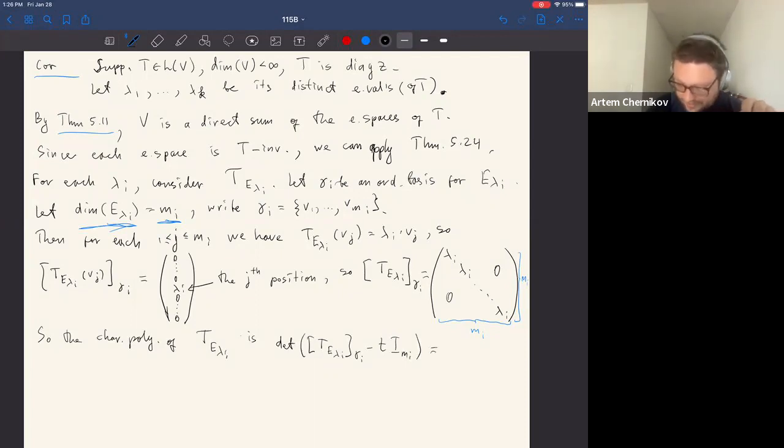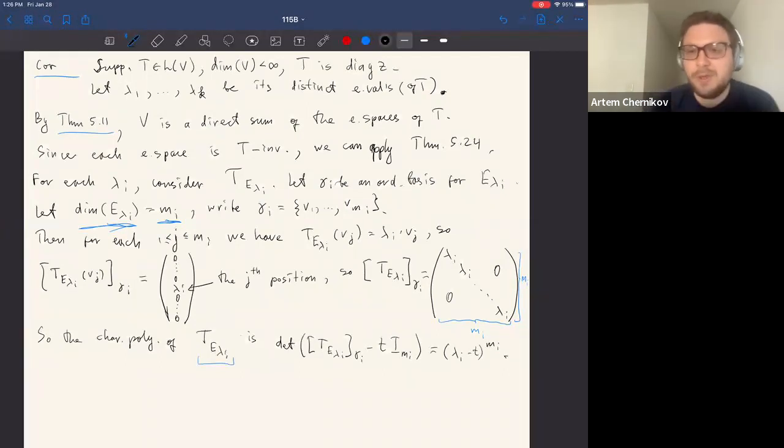Okay, but in this case, it's a diagonal matrix. So what we get is just (lambda I minus T) to the power mi, the product of the diagonal entries. All right, so this gives us the characteristic polynomial of T restricted to E lambda I.